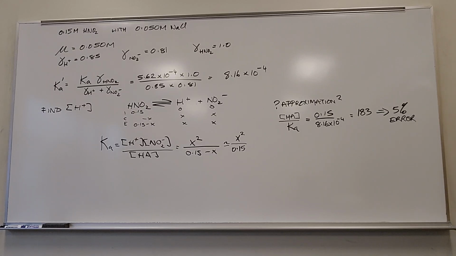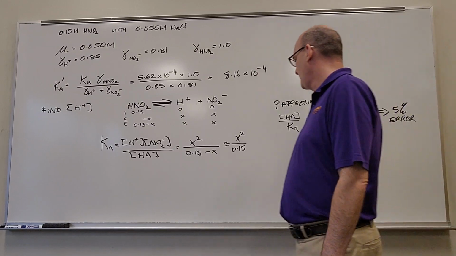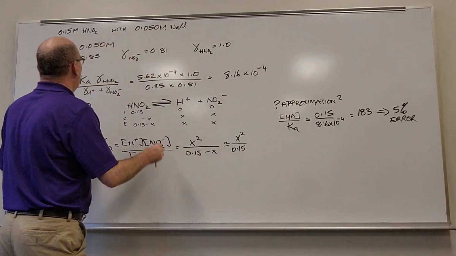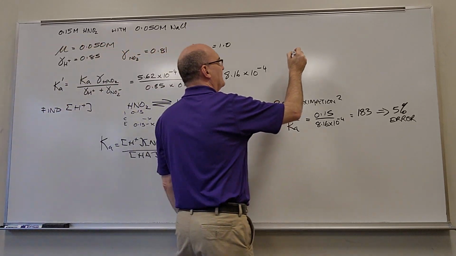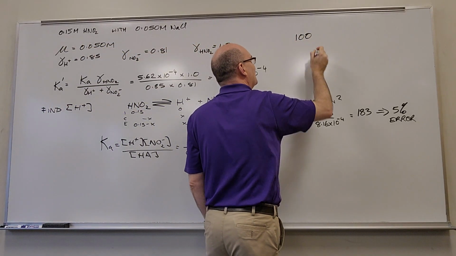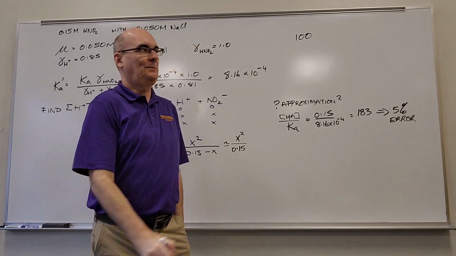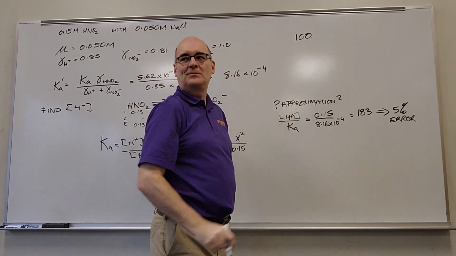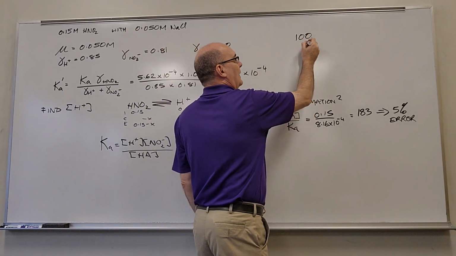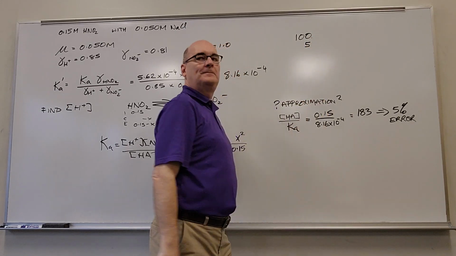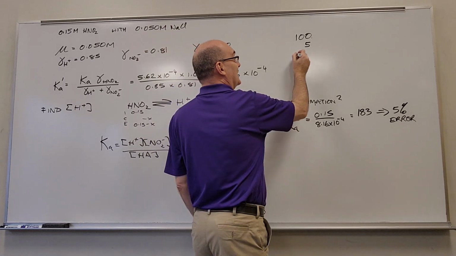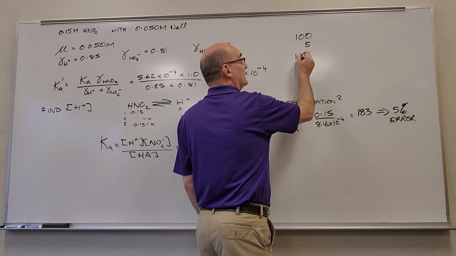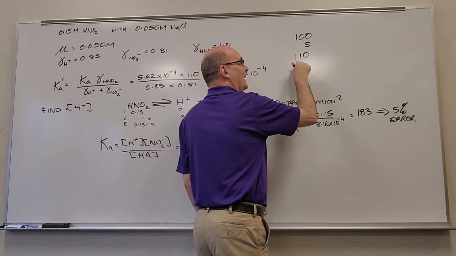So I only have two significant figures anywhere in my number. If my number is three significant figures, now it is, 5% is there. At 10%, it's there.